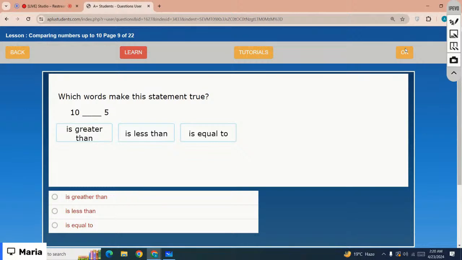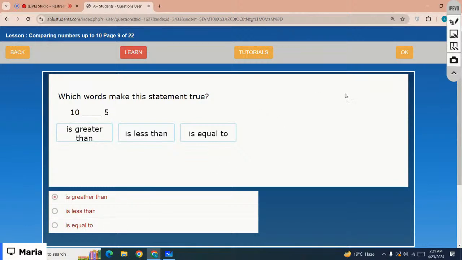Which words make the statement true? Which is the correct option? 10 is, yes, greater than 5.